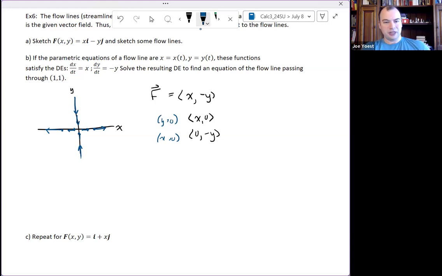And my intermediate input points look something like this. And I can probably guess what some flow lines are going to look like. Maybe something like this, something like this, and like that.